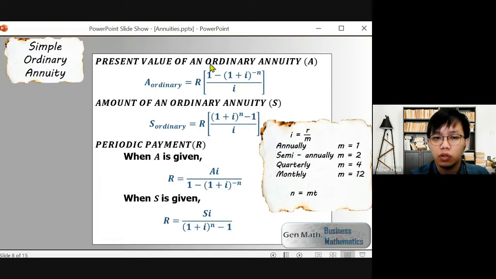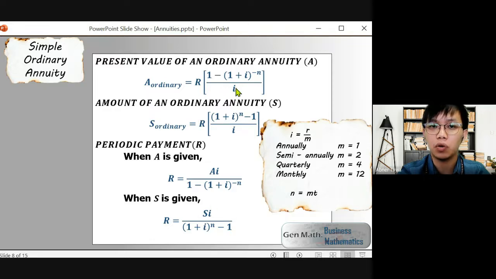Okay? So this formula helps us to solve a given annuity para mas mabilis yung pag-solve natin. Kasi yung ginawa natin doon sa scenario na binigay ko sa una, sinolve natin yung future value ng each payment na 10,000. Tapos for the amount of ordinary annuity, we add all the future values.